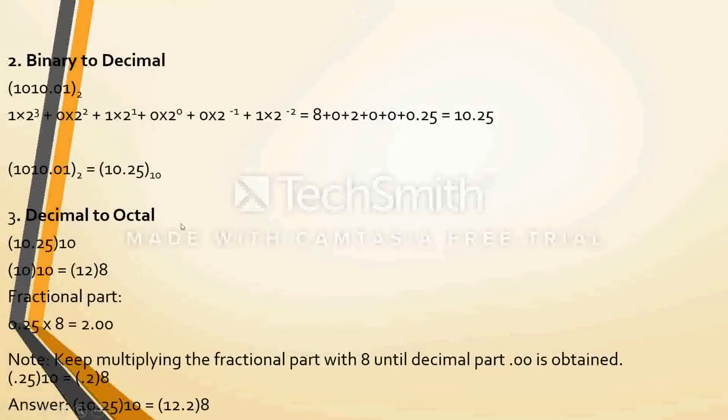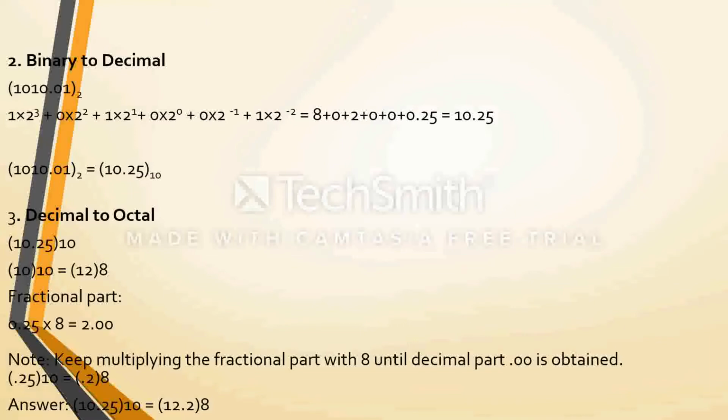Similarly, decimal to octal. Decimal to octal is similar to decimal to binary, except instead of multiplying or dividing by 2, we need to consider 8 here. If I take the same example 10.25, then the fractional part 0.25 needs to be multiplied by 8 till we get the fractional part as 0.